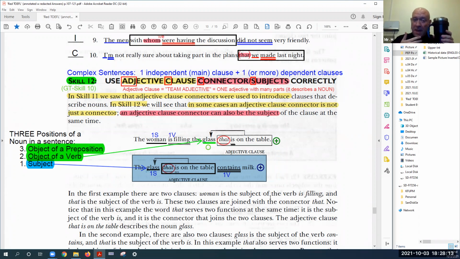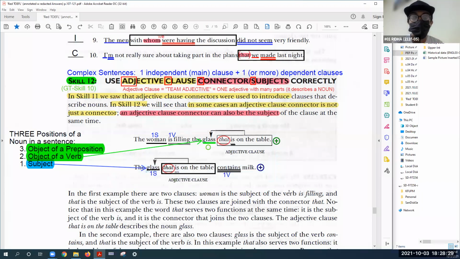But the adjective clause follows the noun. Do you understand? That means when we use the adjective clause, it follows the noun. When we use one adjective or a series of adjectives, it's before the noun. Exactly. That is correct.